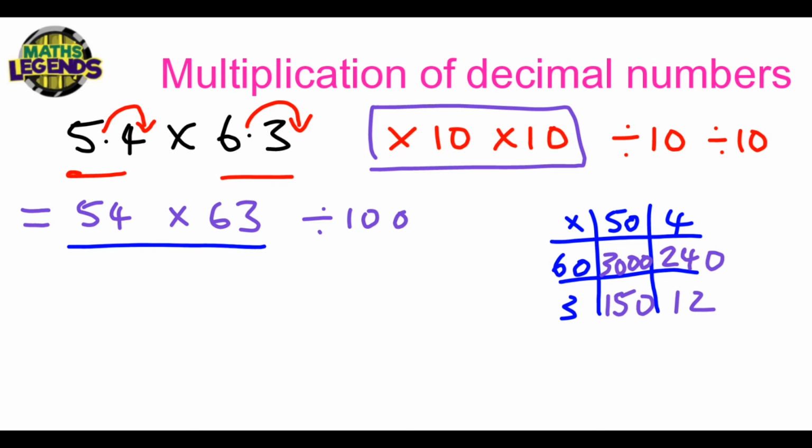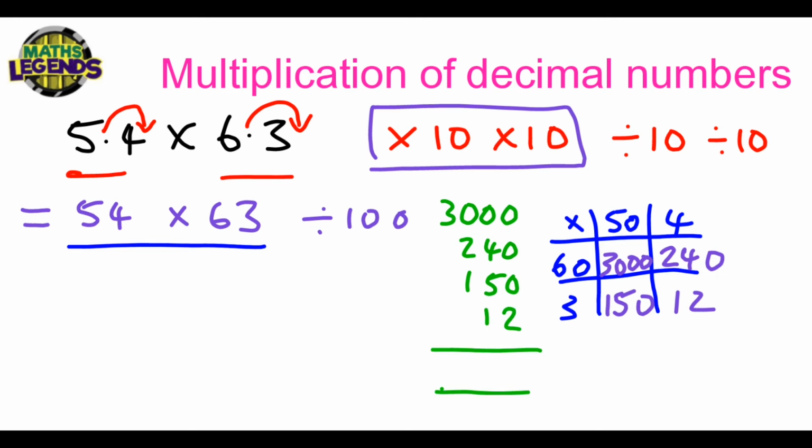We then add these numbers together, 3,000, 240, 150, and 12. Starting with the right hand side column, 0 add 2 is 2, 4 plus 5 plus 1 is 10, so we place the 1 on the next column, 2 plus 1 plus 1, which is 4, and the 3 here.